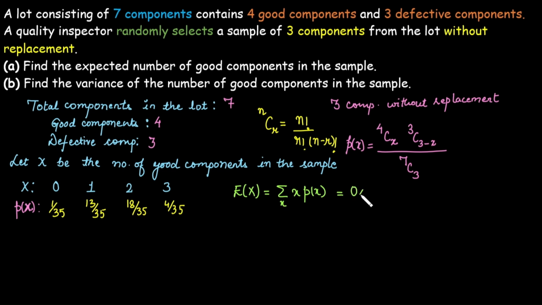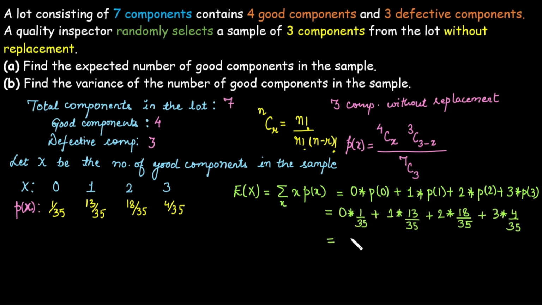We write 0 into probability at 0, plus the next random value is 1, 1 into probability at 1. Next random value is 2, 2 into probability at 2, plus the next random value 3 into probability at 3. Now plug these values here, then simplify this, and we will get 12 by 7, that is approximately 1.7. It means on average 1.7 good components are selected.